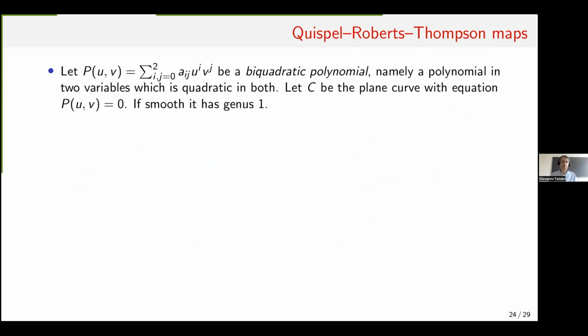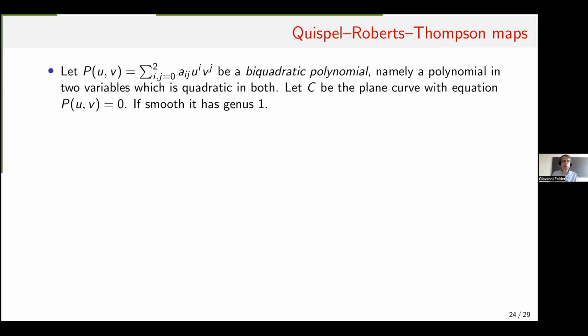This is a very simple and very nice classical construction. You look at biquadratic polynomials in two variables. So it's a polynomial in two variables which is quadratic in both.